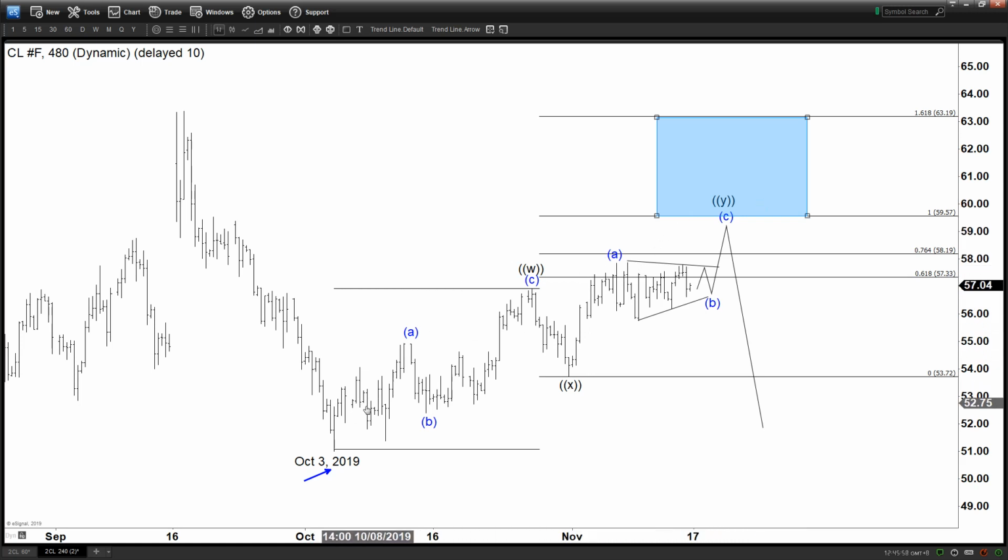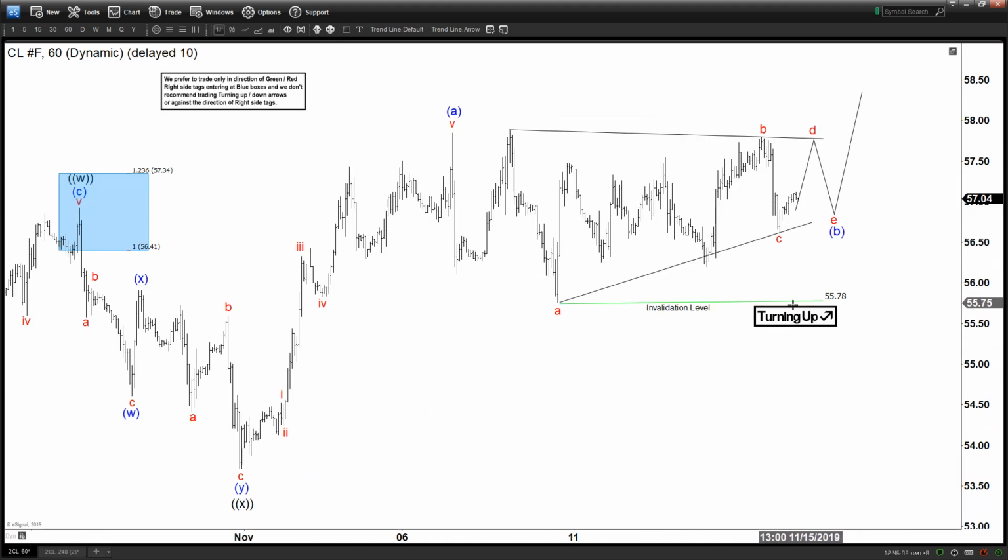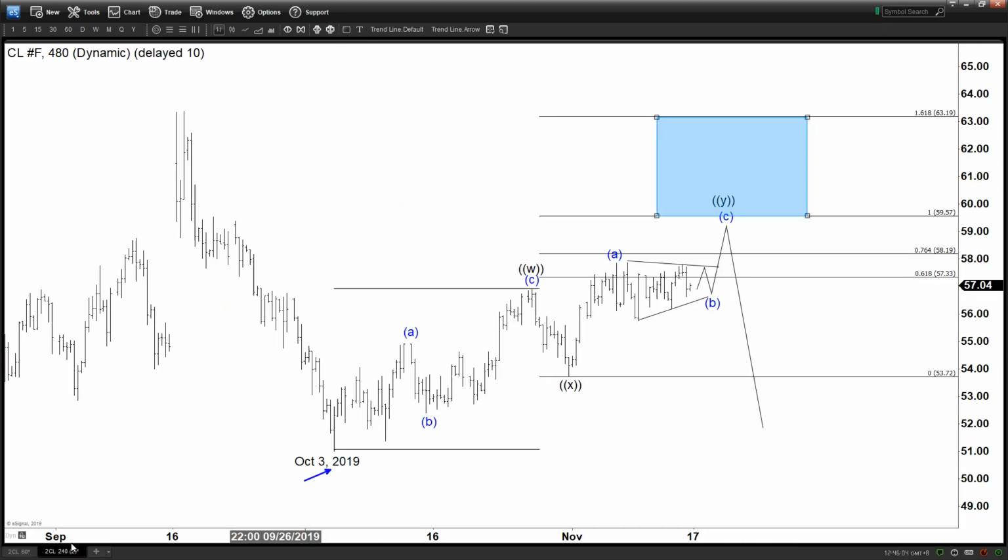If it is doing a double zigzag, then we expect oil to be able to extend higher one more time to reach this area. And since the entire rally is corrective, this is not an impulse or any trending move on the upside in oil.